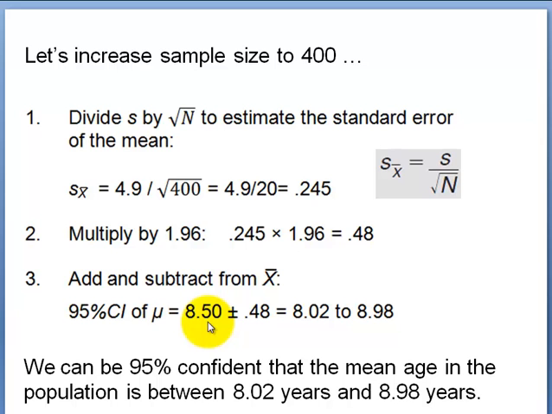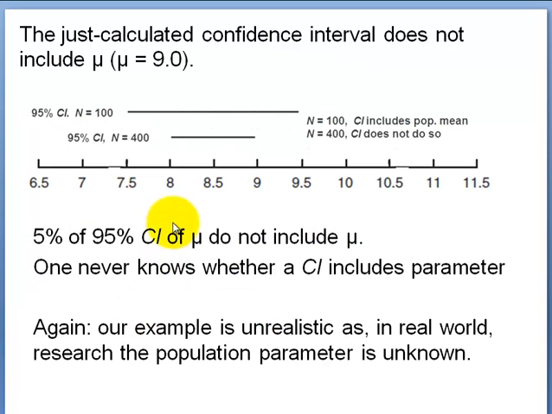So the resulting 95% confidence interval runs from 8.02 to 8.98. Now, again, in real-world research, we would not know whether or not this particular interval included the population mean. But on the other hand, we could be 95% confident that it did.